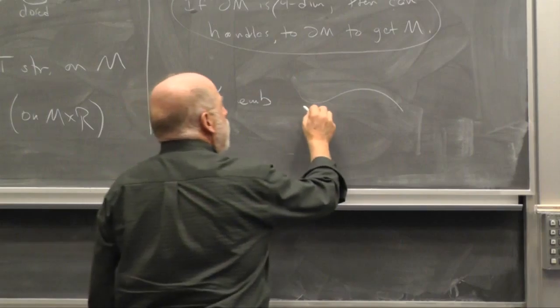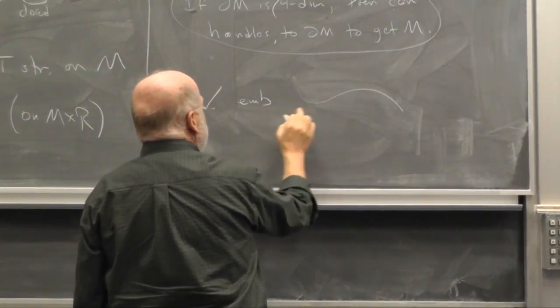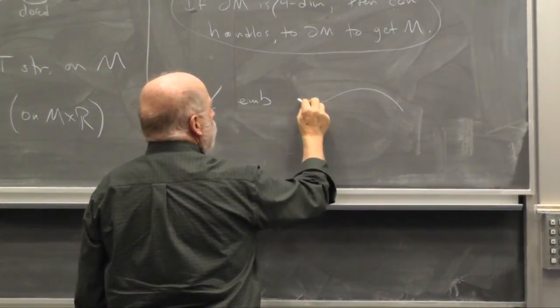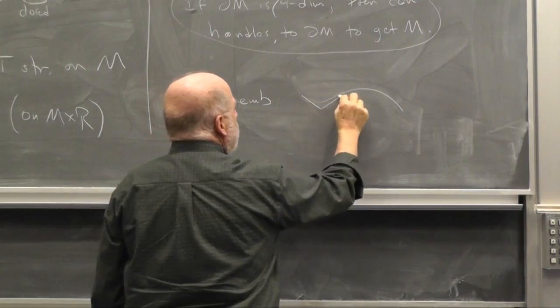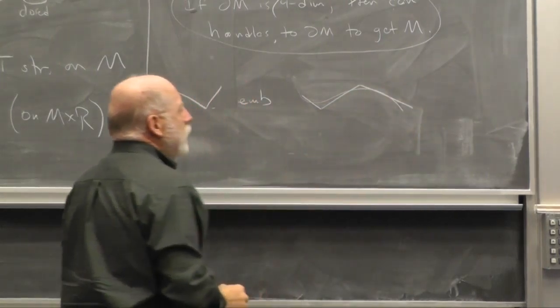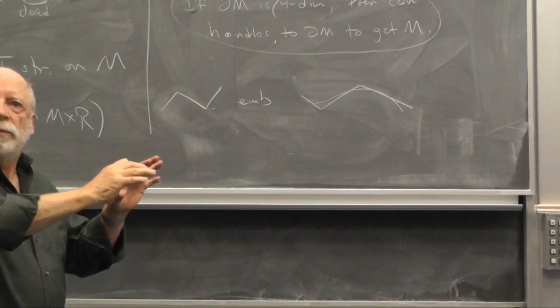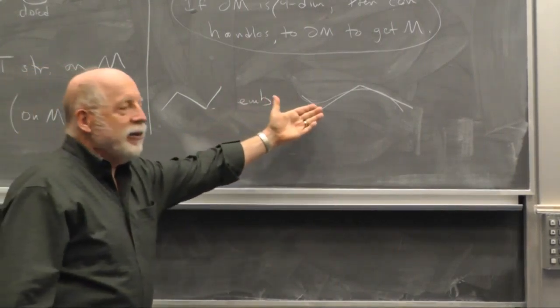So I have two choices. I could isotope it, so I could go down like this, up like that, and over, so that it moves to a nice rectilinear thing.